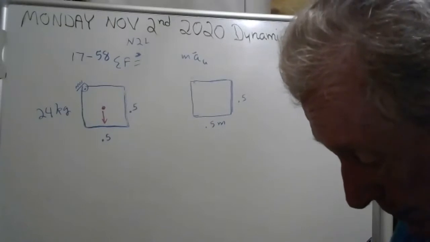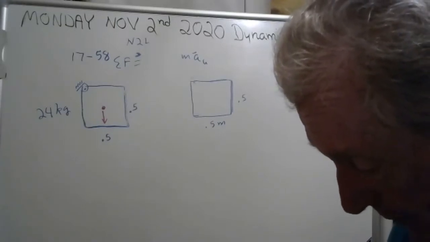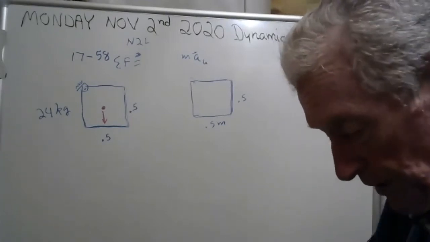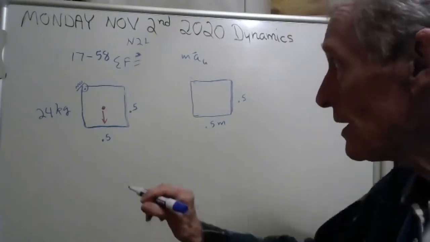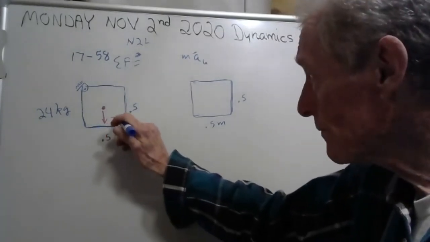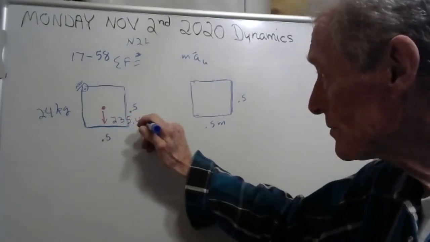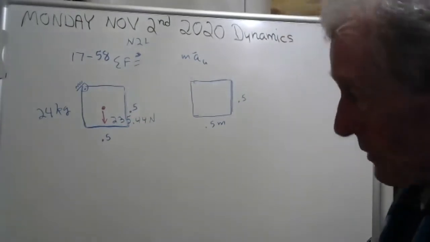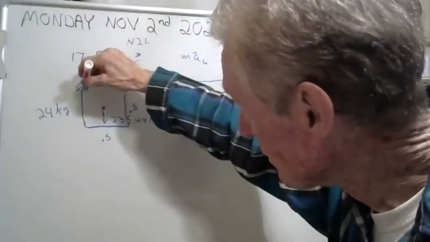Hang on a minute. 24 times 9.81. 235.44. Guys, if I mess up, you speak up and help me here, but I get 235.44 newtons there. But now I predict there's going to be a force going up here.